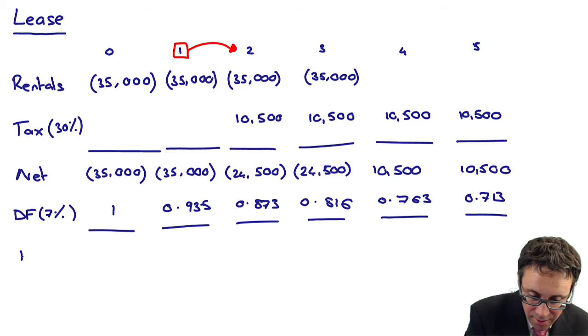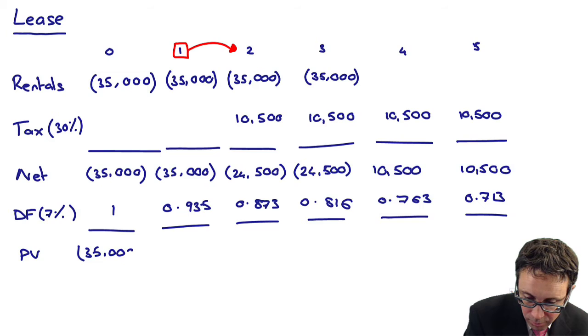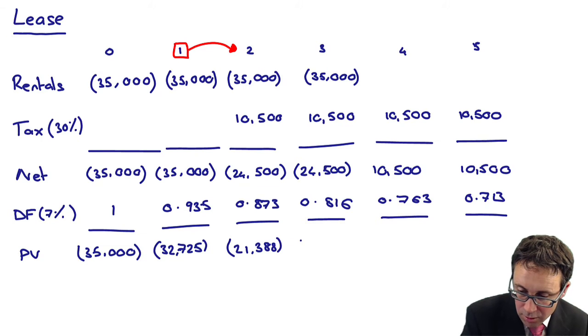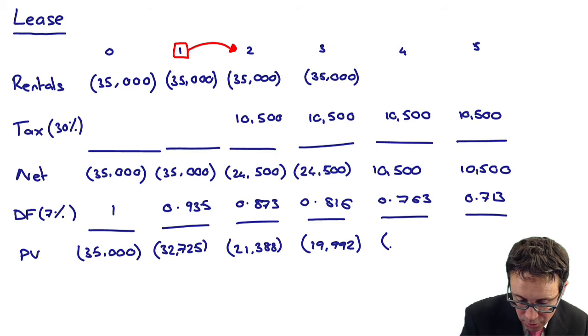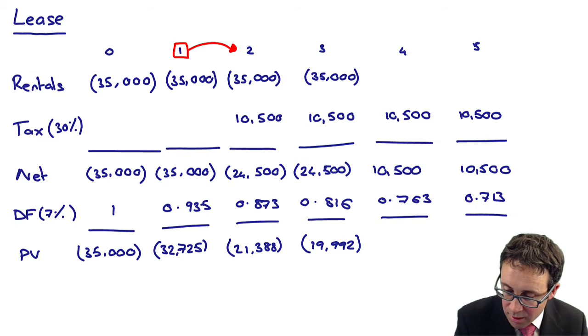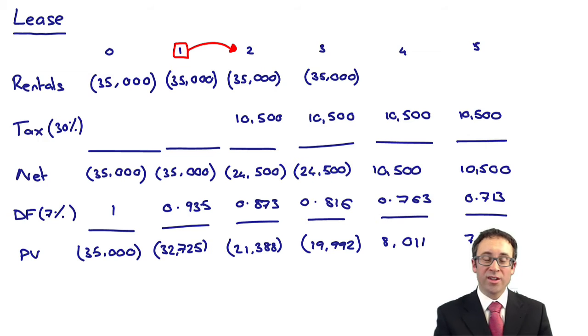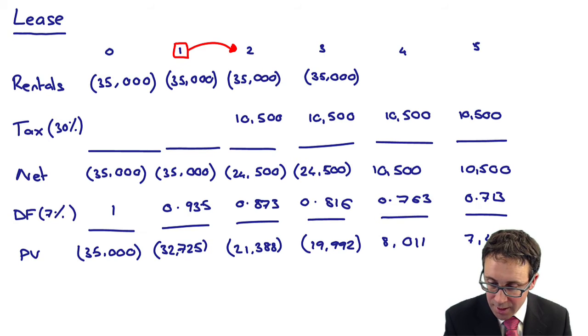To work out, is it then the present value? 35,000. 32,725. 21,388. 9,992. And then we just need to be careful, don't we, because they are savings, cash inflows of 8,011 and 7,486. Okay.